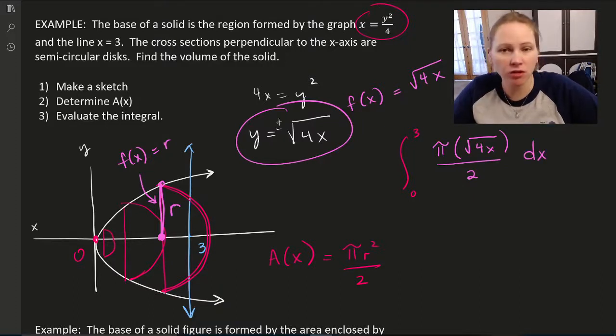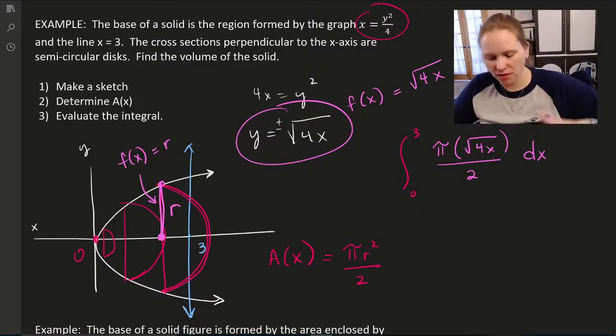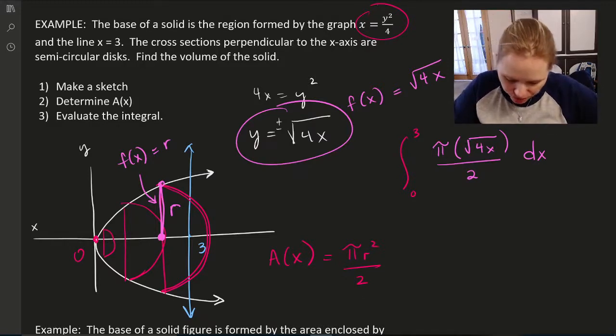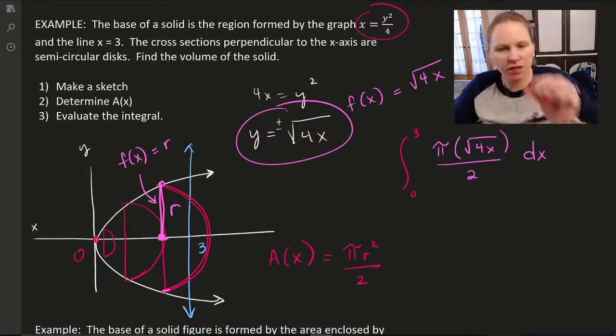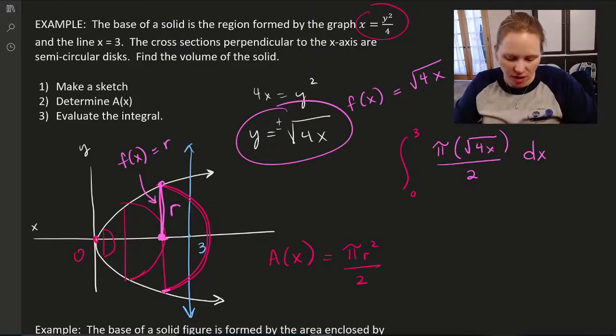Now here's how I know that it's dx. And actually we should have talked about this before we even found A of x. You know that it's dx because as I look at my picture, the width of the cross section is a measurement along the x-axis. It's a change in x. So as you divvy up each cross section, you're divvying up the x-axis.